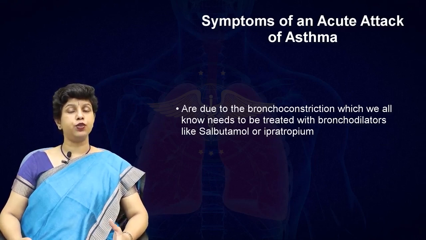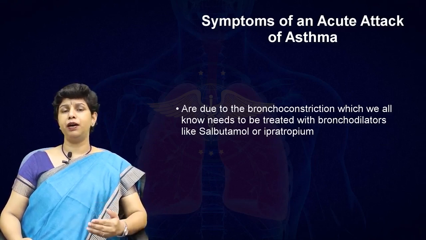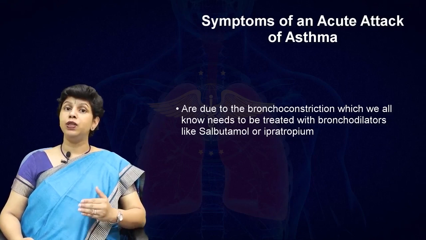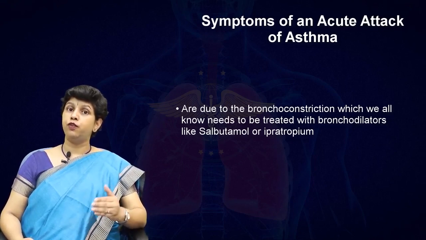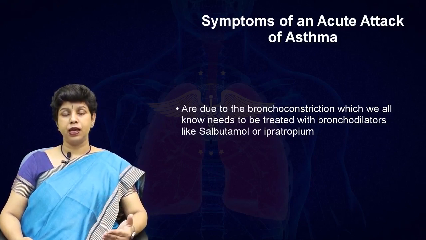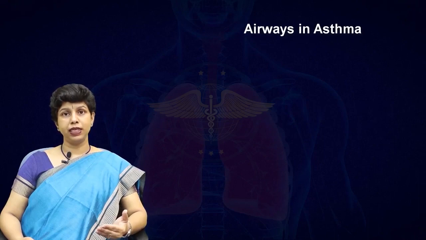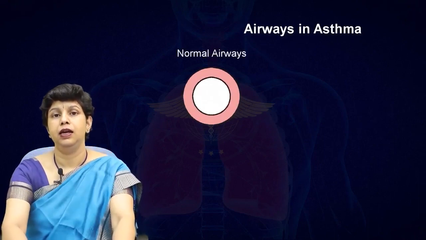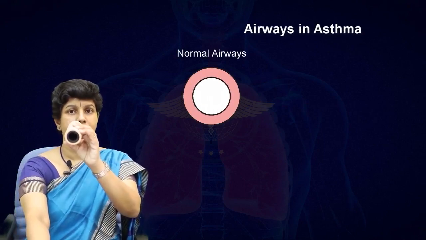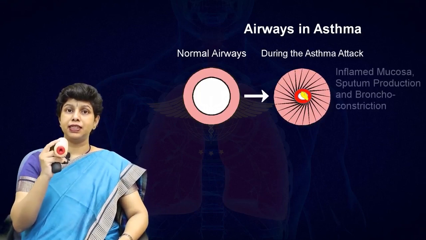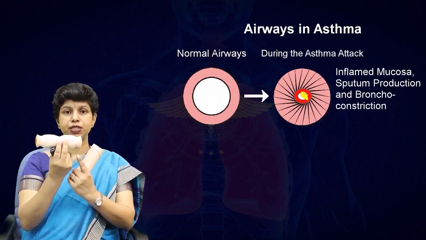But I would like to draw your attention to something over and above bronchoconstriction that happens in the asthmatic airways, which is in turn responsible for the bronchoconstriction and all the other symptoms of asthma. If you look at this diagram, on the left hand side we have a normal airway like this, and on the right hand side we have an airway which is constricted, as you may appreciate.